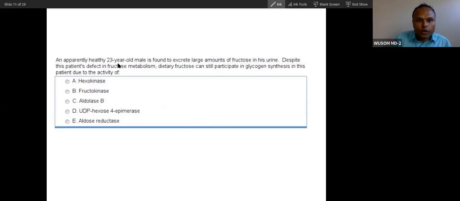An apparently healthy 23-year-old male is found to excrete a large amount of fructose in his urine.